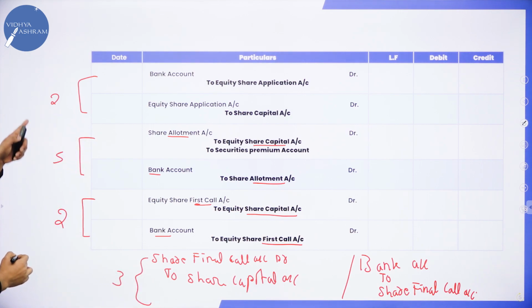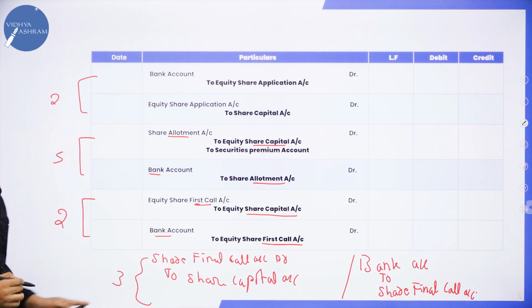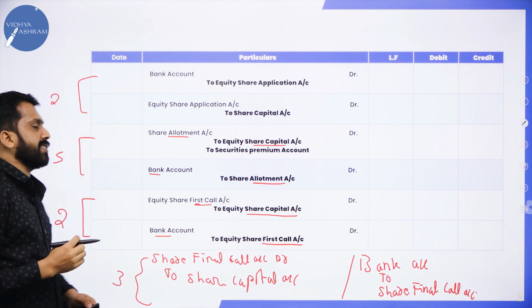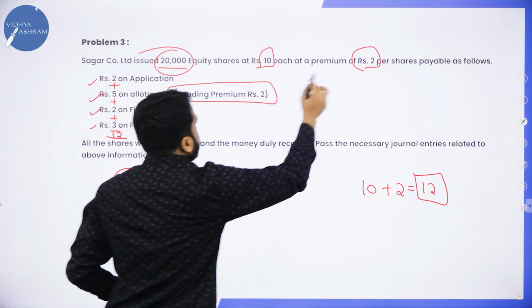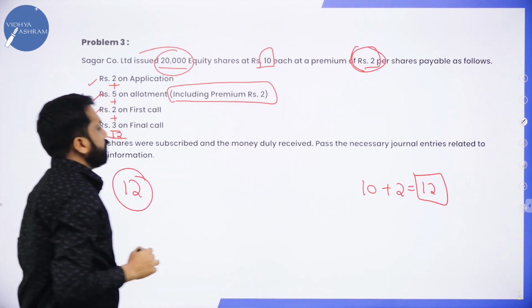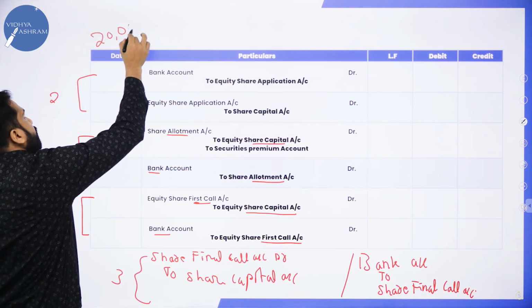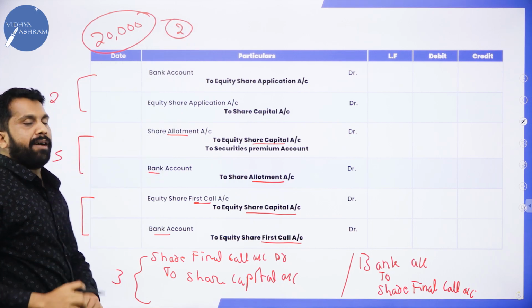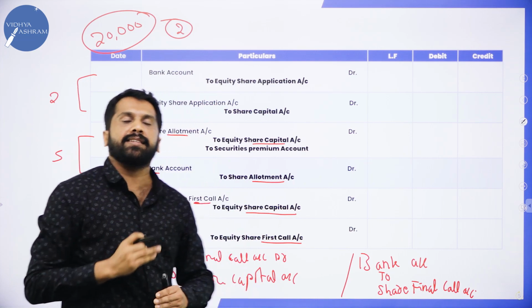These are the numbers for application, allotment, first call, final call. Now, what is the total number of shares? Total number of shares 20,000 and premium is 2. We have the question, we have the journal entry. Can we solve? Yes.